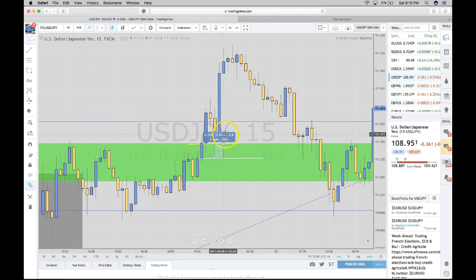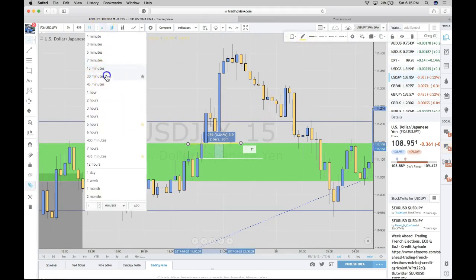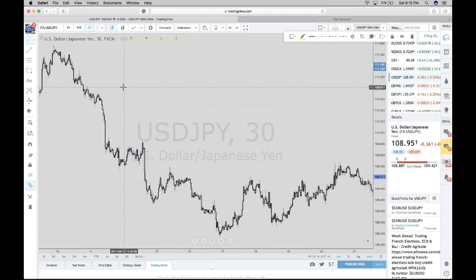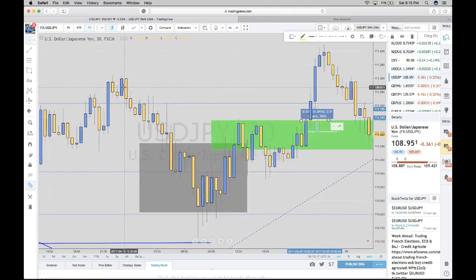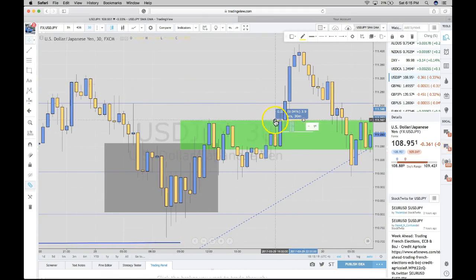So yeah, this right here was the 30-minute entry. Not bad. This white line was the entry based off the 15-minute chart. So pretty significant, 4 pips, you could definitely be 4 pips more in profit.